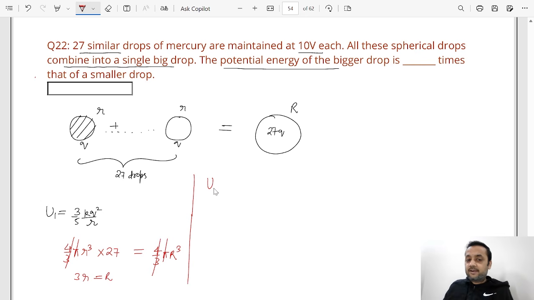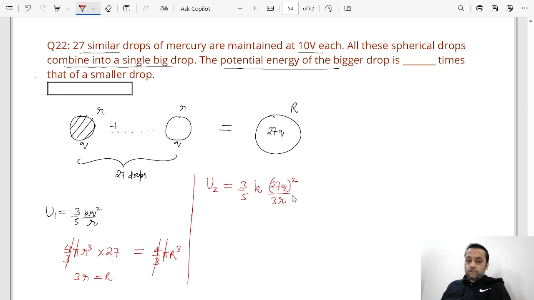Now if I have to find the self energy of the bigger drop, the formula will be the same: 3 by 5 into k into total charge squared, which is 27q squared, divided by the radius of the bigger drop, capital R, whose value is 3r.